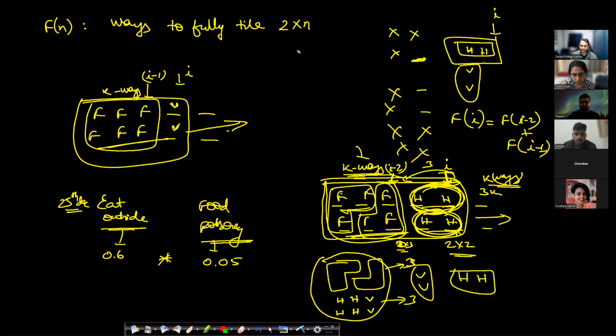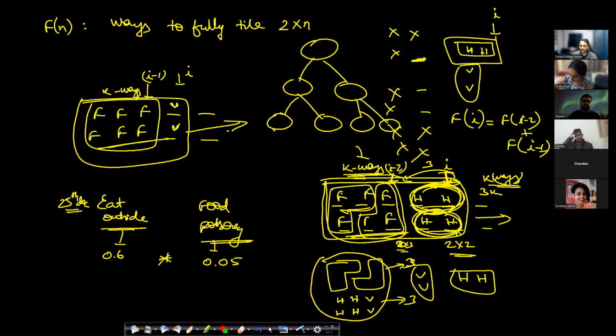So till now, you are following a tree structure in your hierarchy. And then you came across this 2 by 3 here, from where you will put either vertical or horizontal. So this will give rise to two different sides in the branching. And you know how many ways there will be? Whatever is the return value here, A ways, B ways, it will be A plus B ways here.